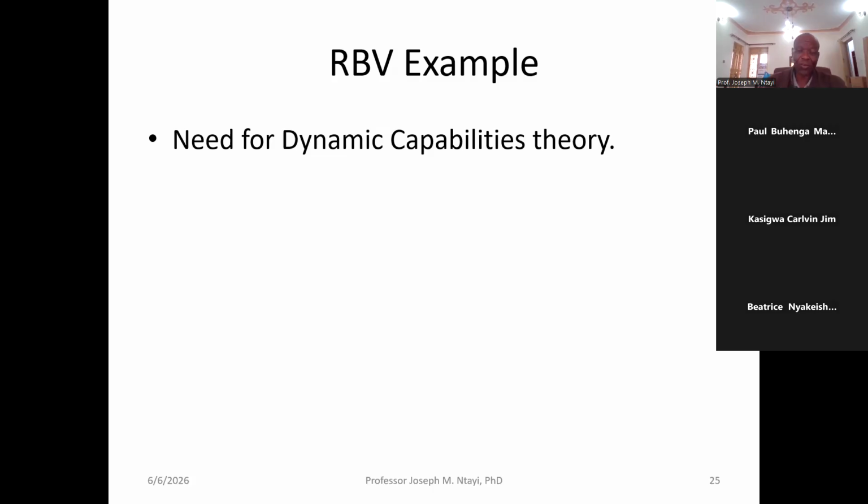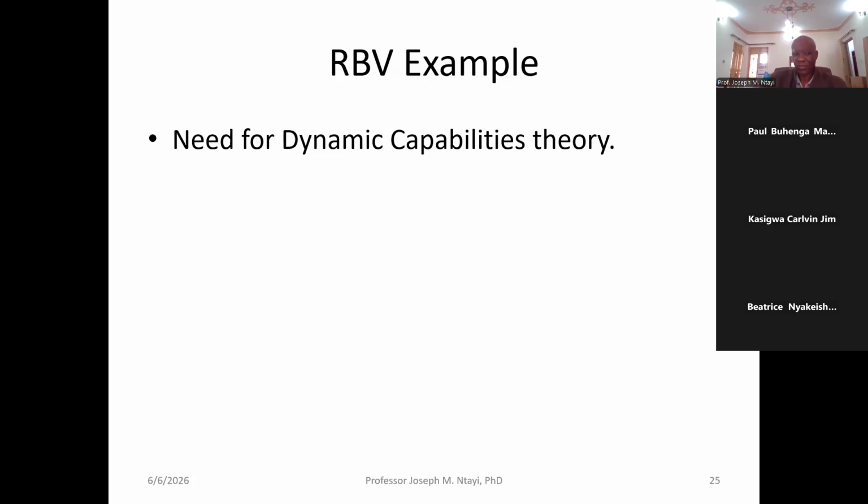So for you to achieve competitive advantage, and you know what we mean by competitive advantage? It means that one farm has an advantage over another farm. Why does it have an advantage? You have resources that are rare and very valuable in the production of a particular product or service, and it cannot easily be imitated by other farms.